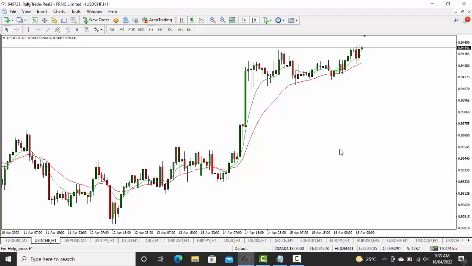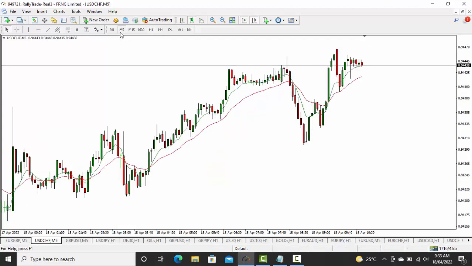So currently on USD CHF on the hourly time frame, I'm seeing the green exponential moving average trading above the red. So this tells me price is still expected to continue to trade to the upside, at least according to the two exponential moving averages. So I move to the 5 minutes for trade setups.